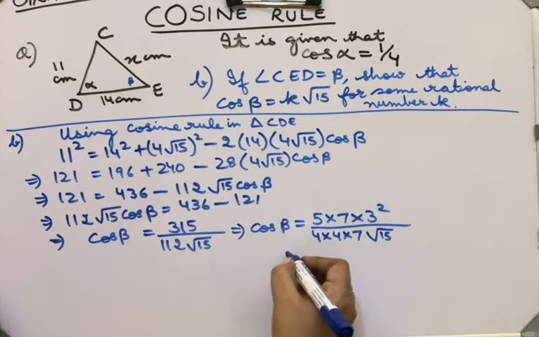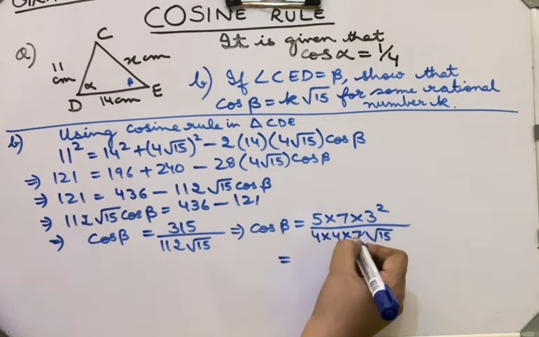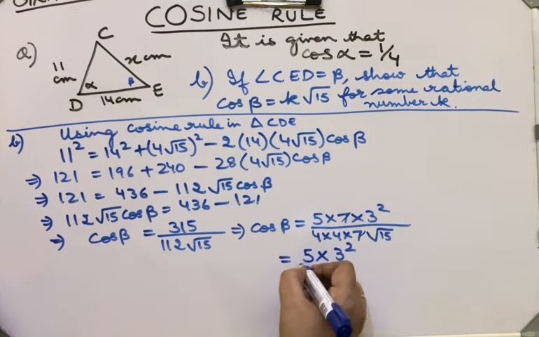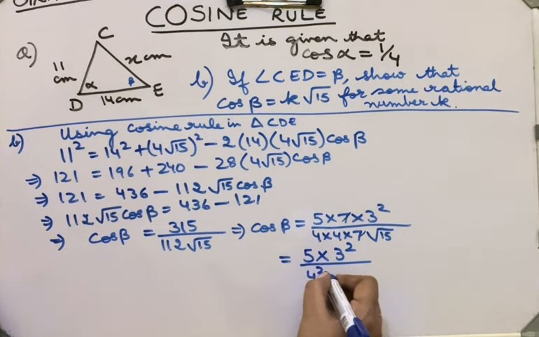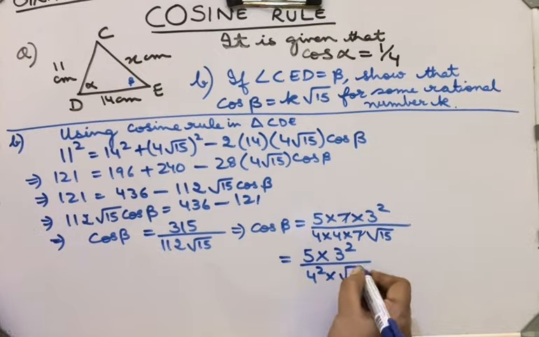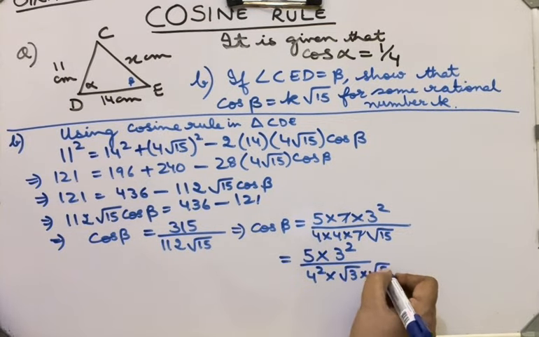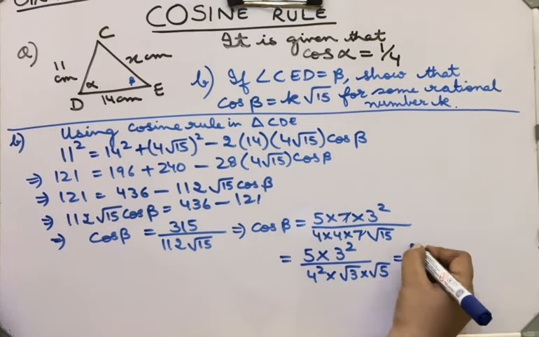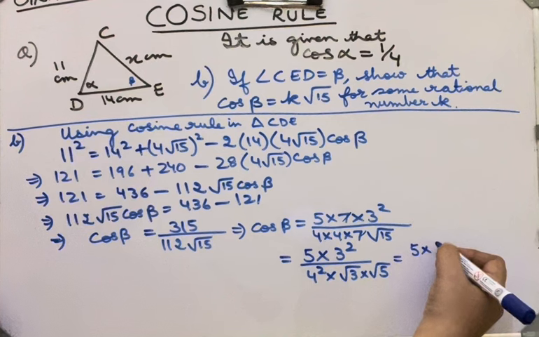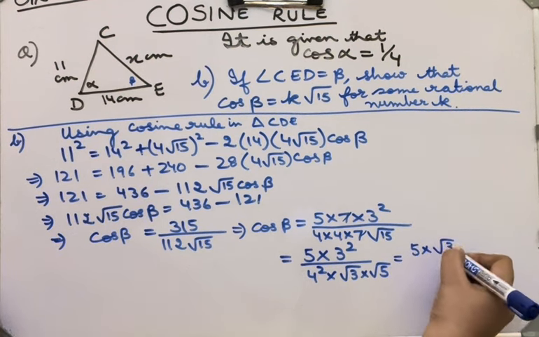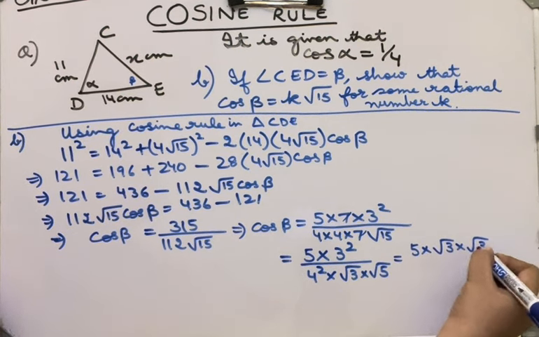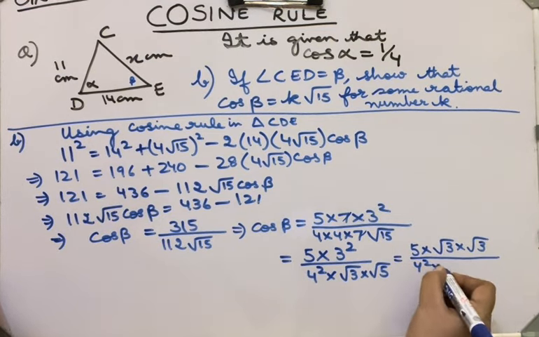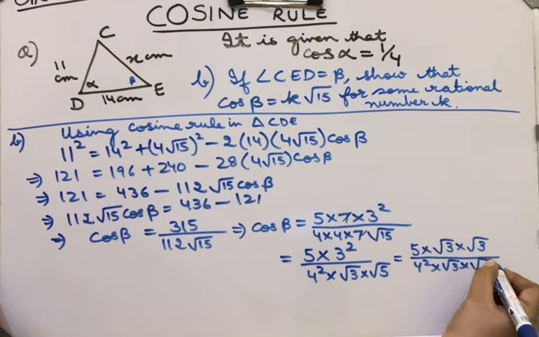Now further simplifying, what do we get? Now we strike off the common parts, 7 and 7. So we get 5 multiplied by 3 square by 4 square multiplied by, now root 15 is root 3 multiplied by root 5. Now what do we get? 5 multiplied by, now 3 square is root 3 multiplied by root 3, by 4 square multiplied by root 3 multiplied by root 5.